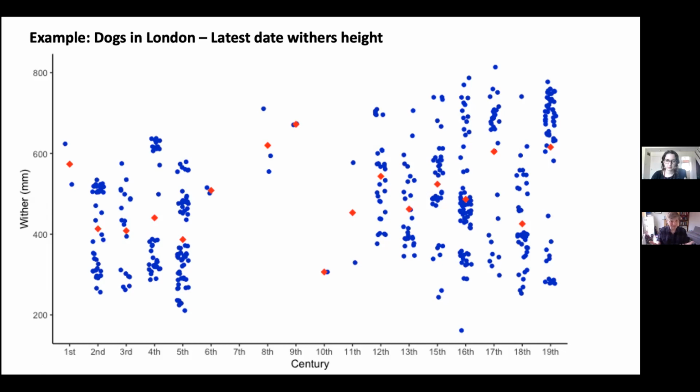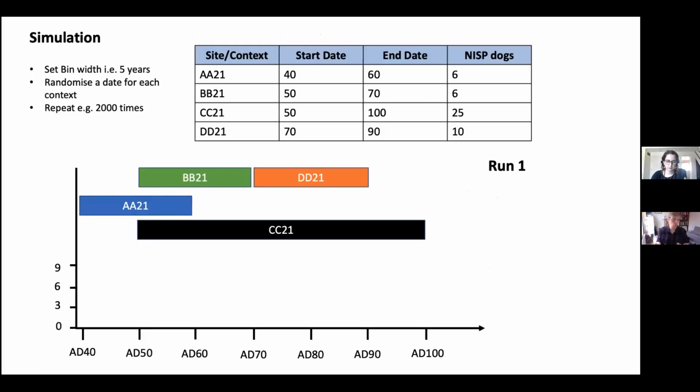One possibility to get around this is to use another method that we used in our second paper on the fish, when looking at fish from London, and that was to do some simulations, basically a Monte Carlo simulation in R. That also involves you setting your own bin width.